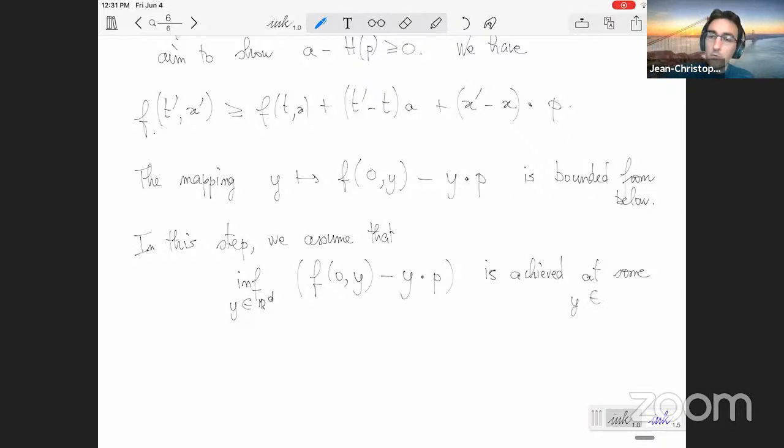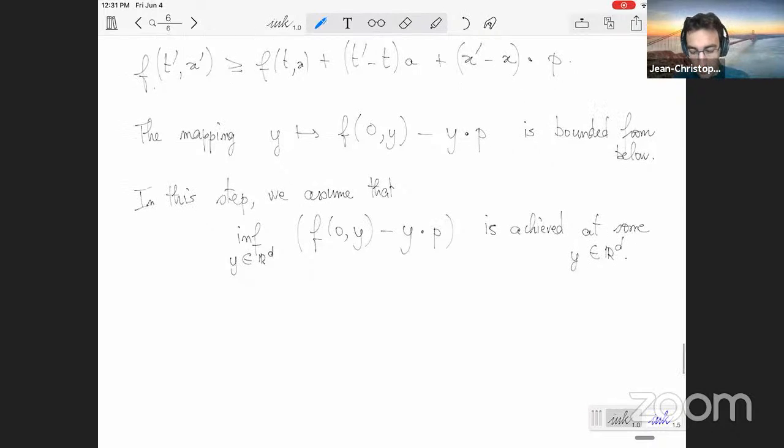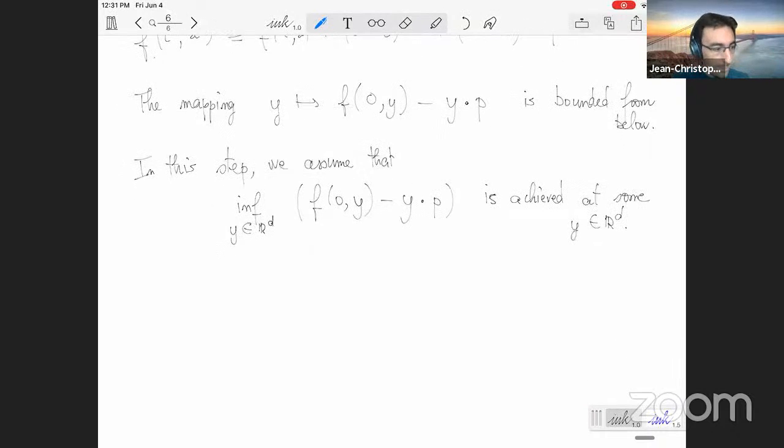We know the function is bounded from below, but it could possibly be that the infimum is achieved by slowly letting y go to infinity. We can deal with that as well, but it's just slightly more inconvenient. So just to give a cleaner proof, I want to assume that the infimum is really achieved. This is the little cheat.